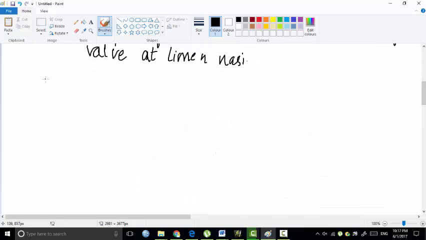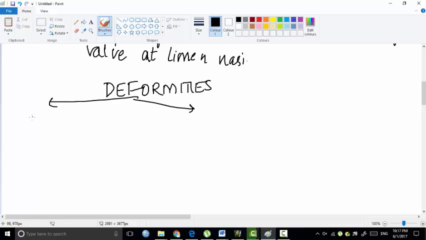So now, what are the deformities, right? Now the major topic is the deformities. It's important for us to know what are the types of deformities, right? So these are basically of two types: midline deformities, which are seen in the midline, or lateral nasal deformities, which are seen away from the midline.